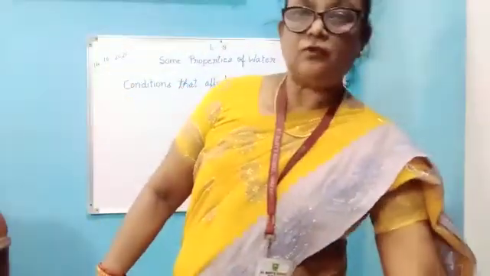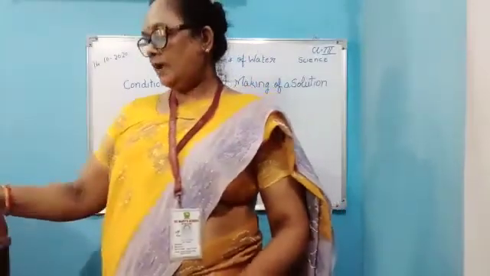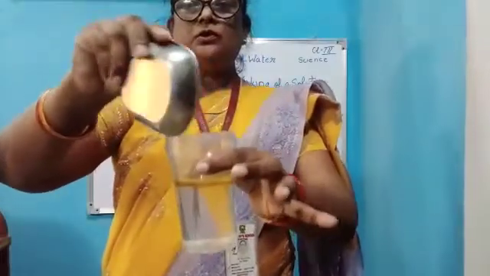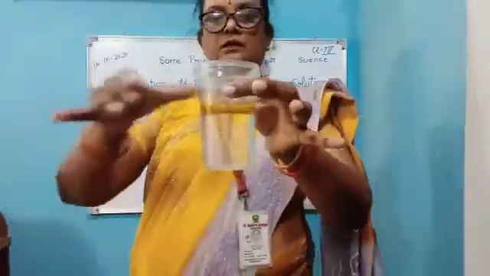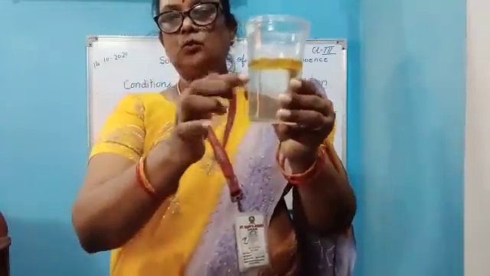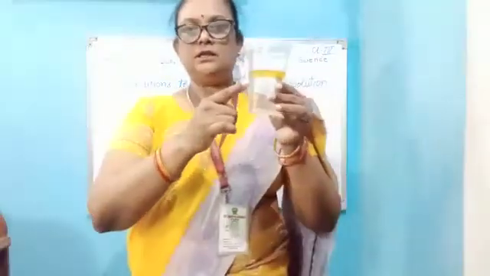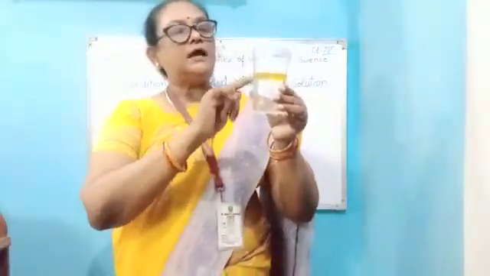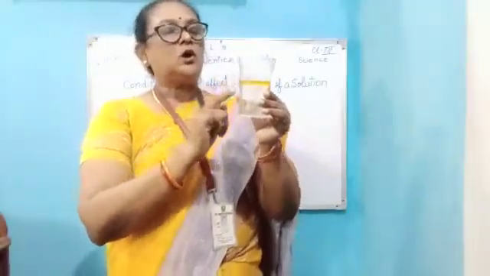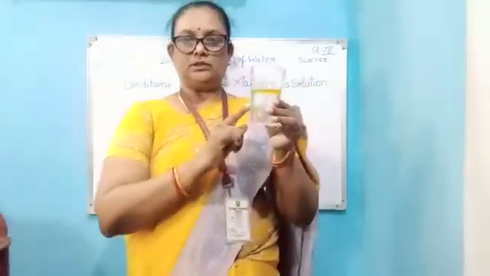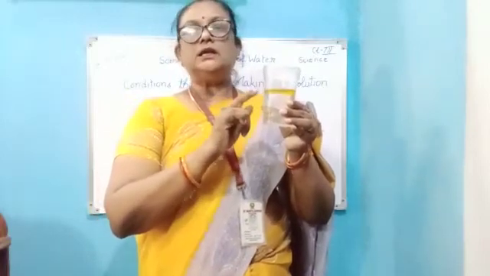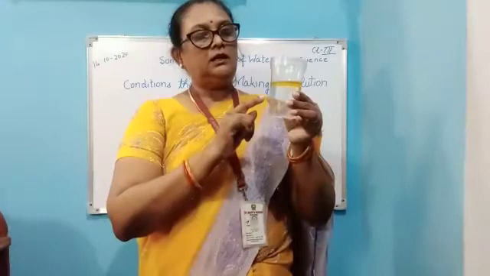I will take a glass of water and I will pour some oil in it. You can see a layer of oil is above the water. Water is down here and the layer of oil is at the top, because oil is lighter than water. That is why the oil is insoluble in water.